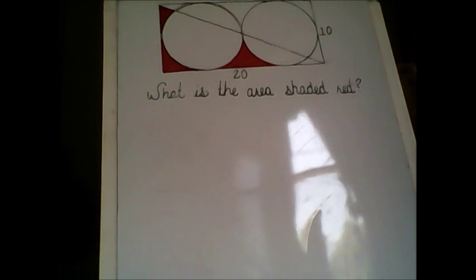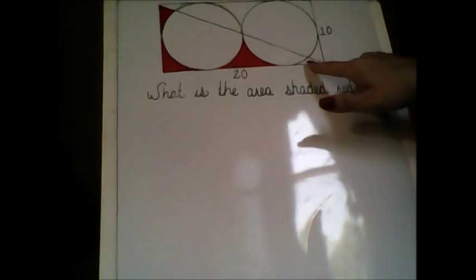So what we have is a rectangle with dimensions 20 by 10. Inside it, it has 2 circles and is split diagonally from the top left corner to the bottom right corner. Now, your first impression is that it is half of a triangle that we're looking for the red parts in, and this is true.